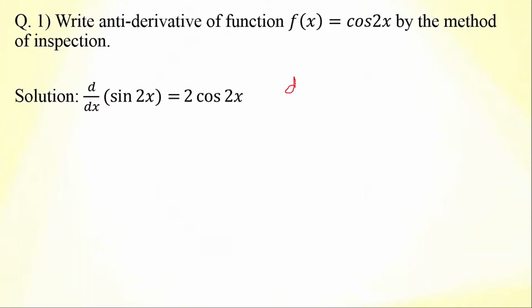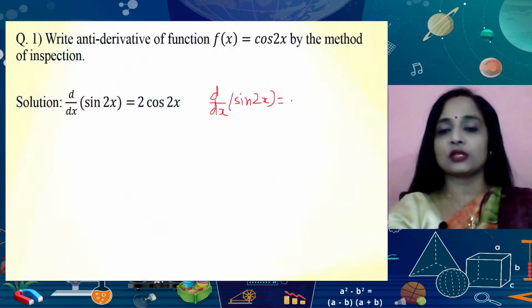Means the derivative of sin 2x with respect to x. Since you know the derivative of sin x is cos x, but it is not sin x. Instead, you have sin of 2x. So you have to apply the chain rule because this is a composite function. So differentiate it like this.